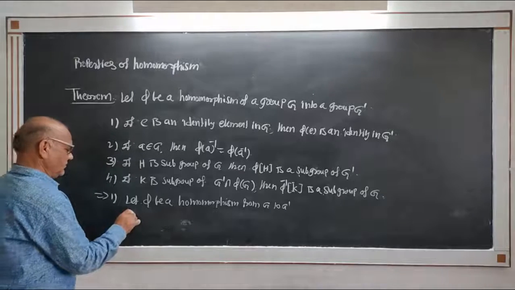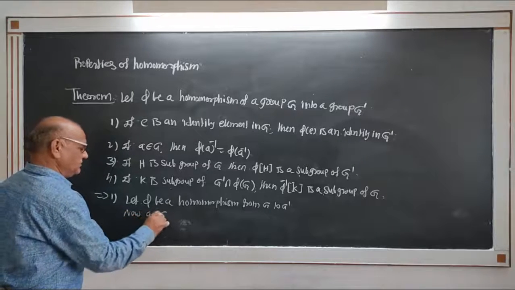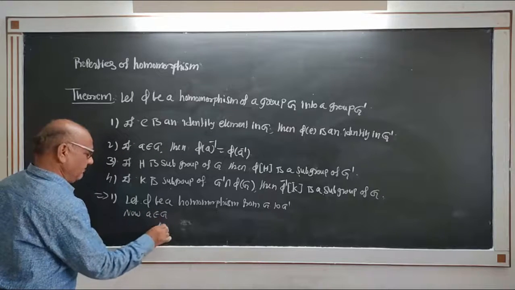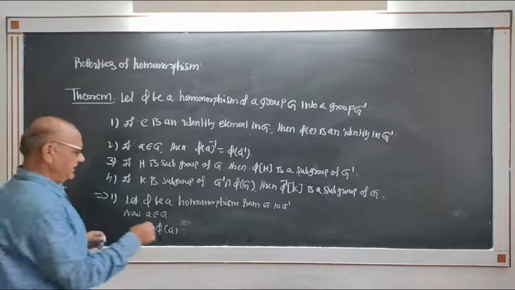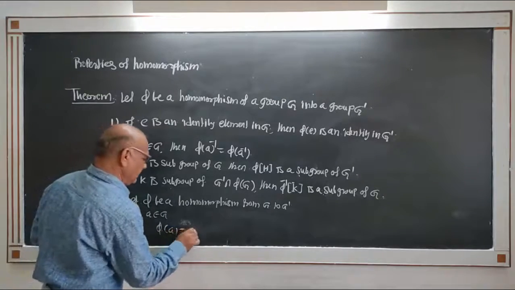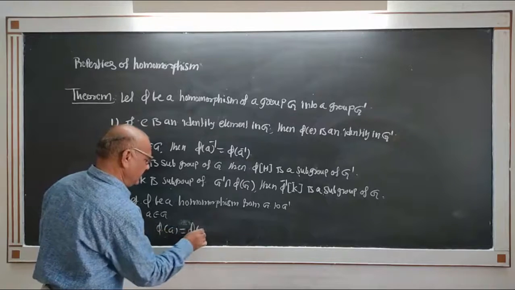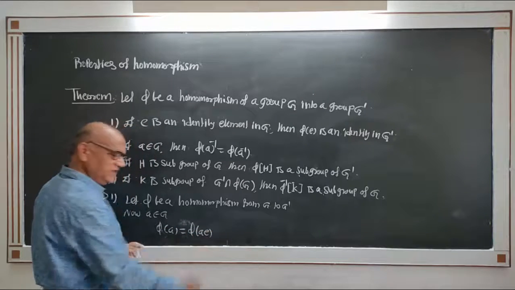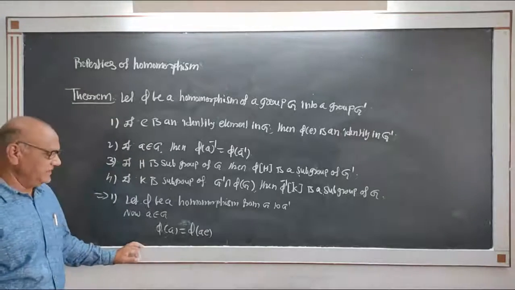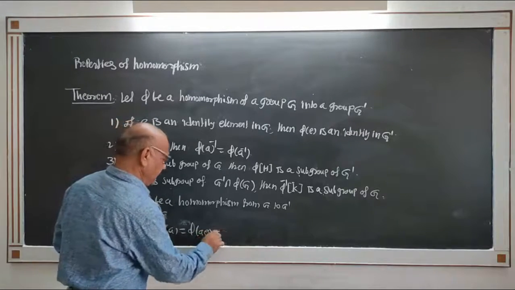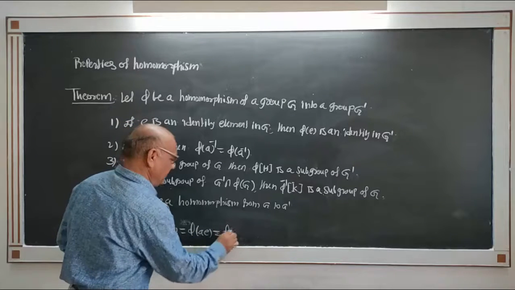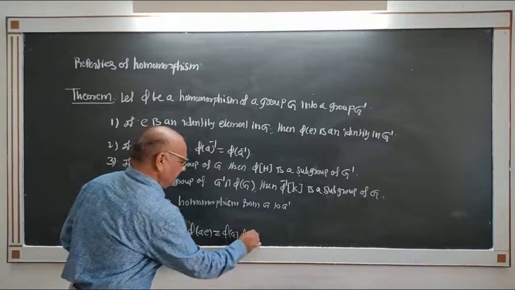Now a belongs to G. Phi of a can be written as phi of a into e. By homomorphism this is phi of a into phi of e.